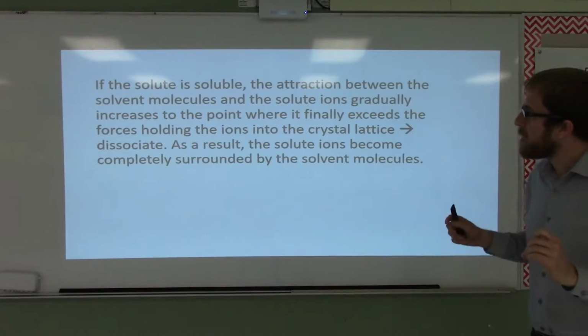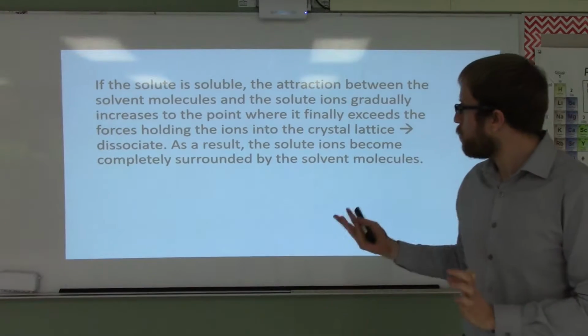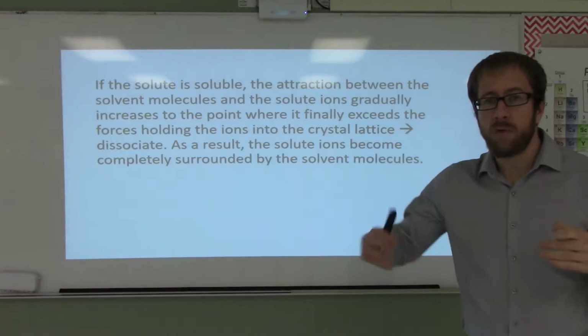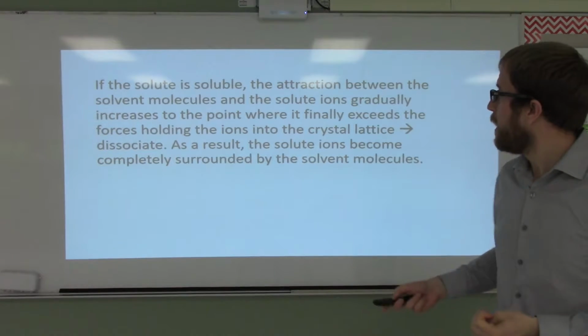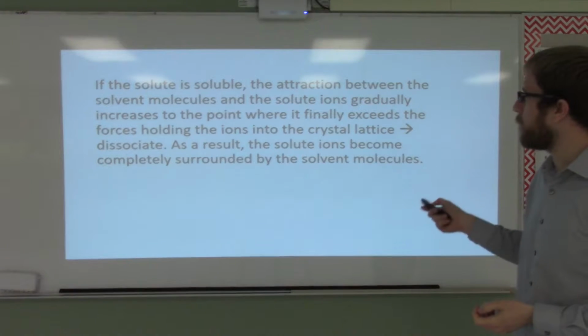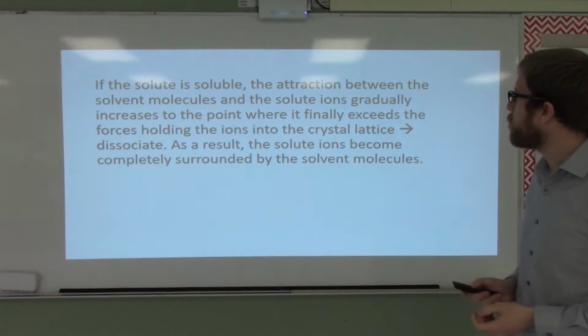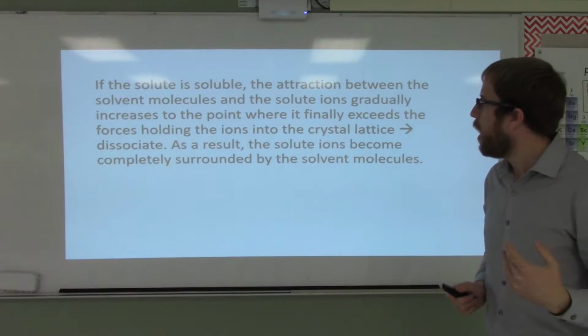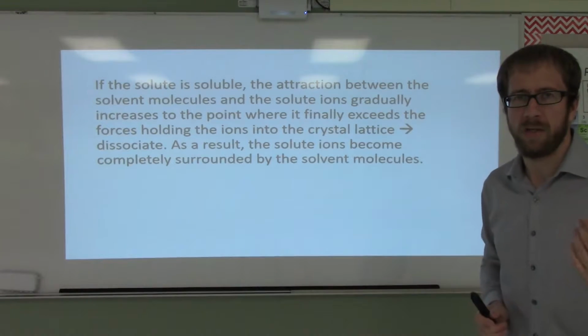So, if the solute is soluble, in the case of sodium chloride, it is soluble in water, the attraction between the solvent molecules and the solute ions gradually increases to the point where it finally exceeds the forces holding the ions into the crystal lattice.